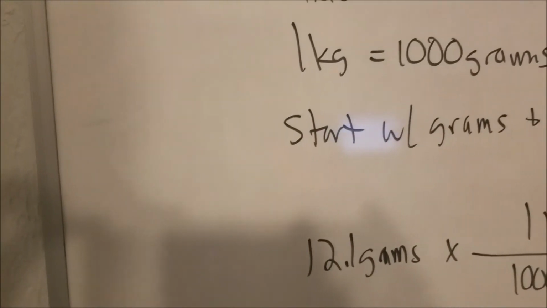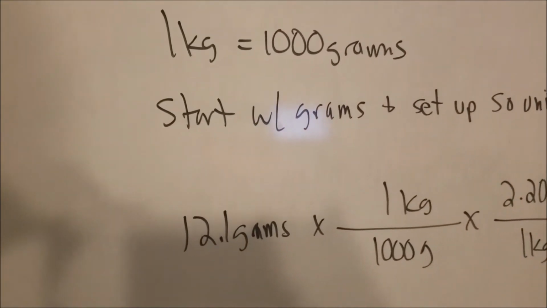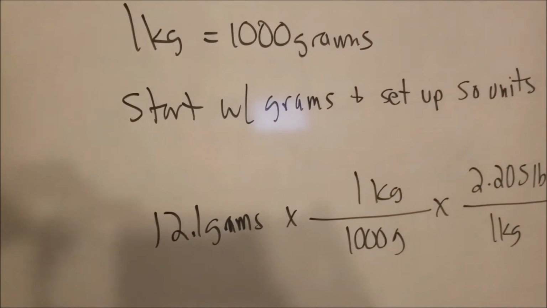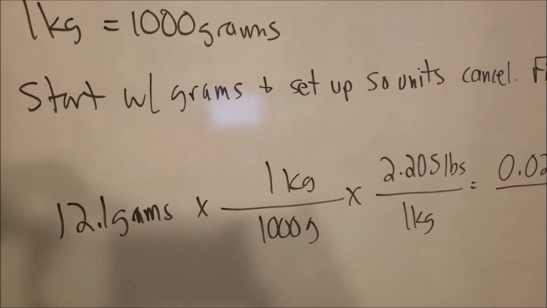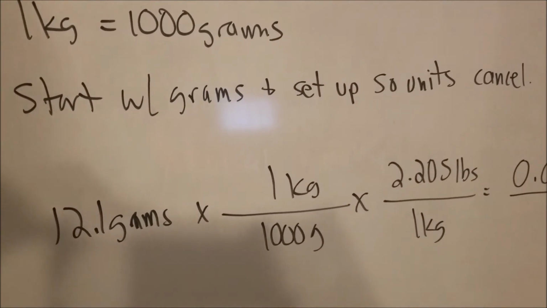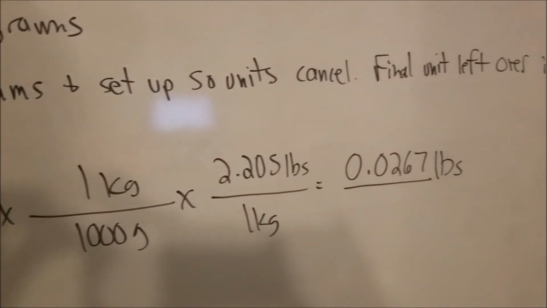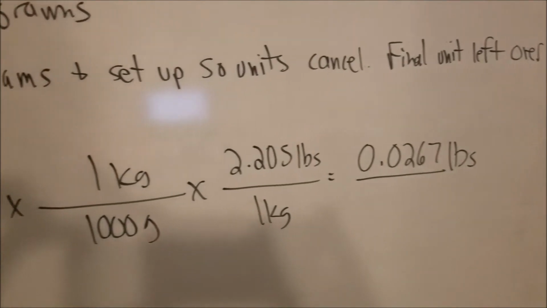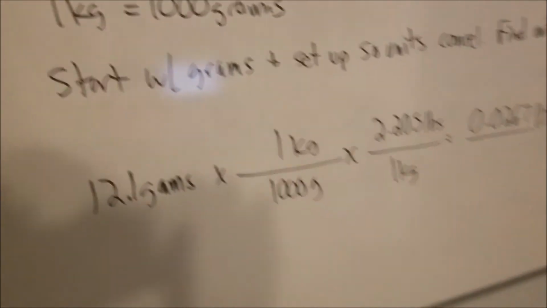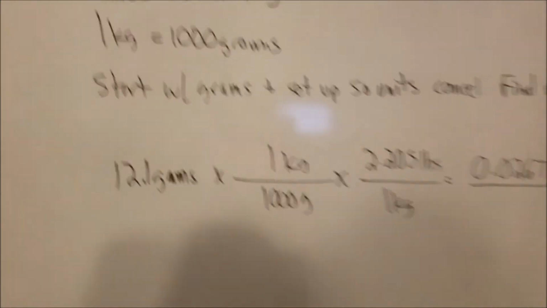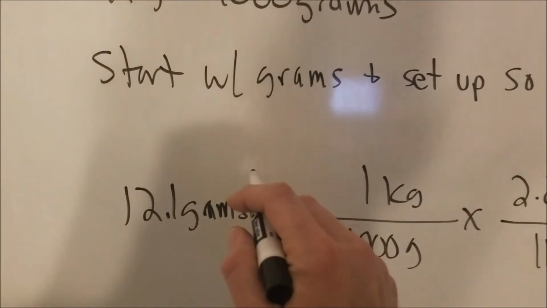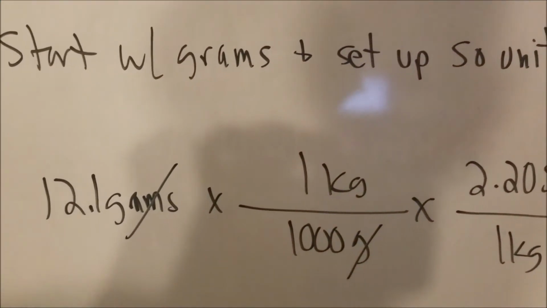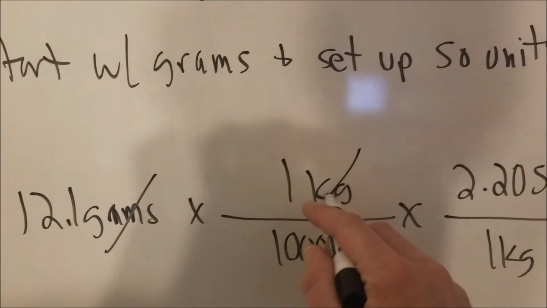So we would write 12.1 grams times 1 kilogram over 1,000 grams times 2.205 over 1, and there is our answer. Now, when we set this up, take a look. Grams and grams in the numerator and the denominator cancel.